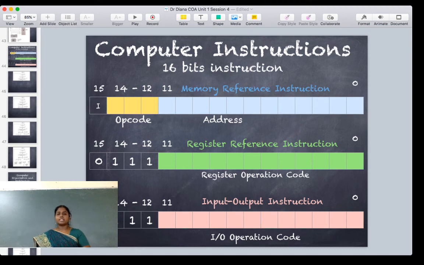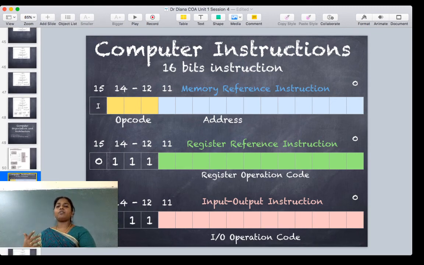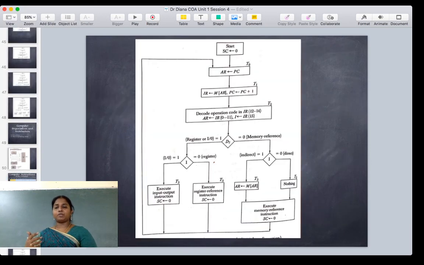If bits 14 to 12 of the instruction register have the value 111, then it is either a register reference instruction or an IO instruction. Based on this value, we started our flow chart for executing different types of instructions.